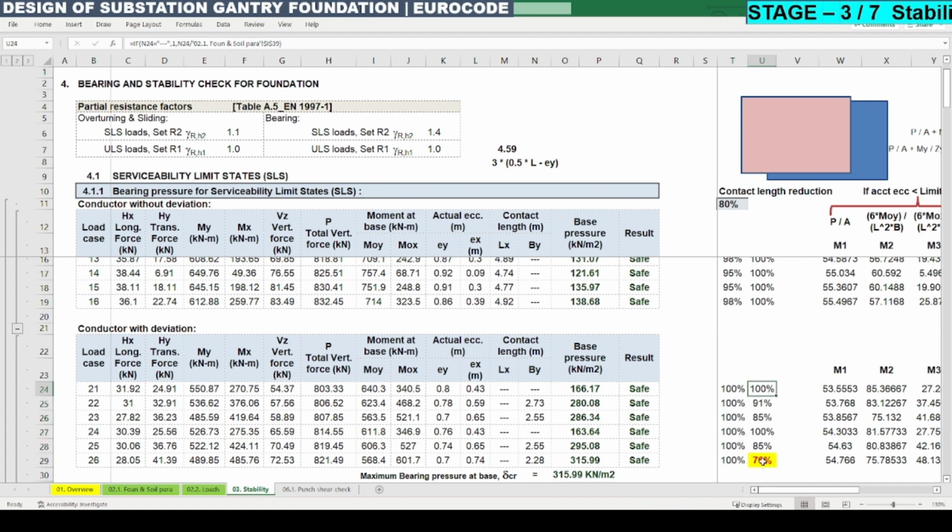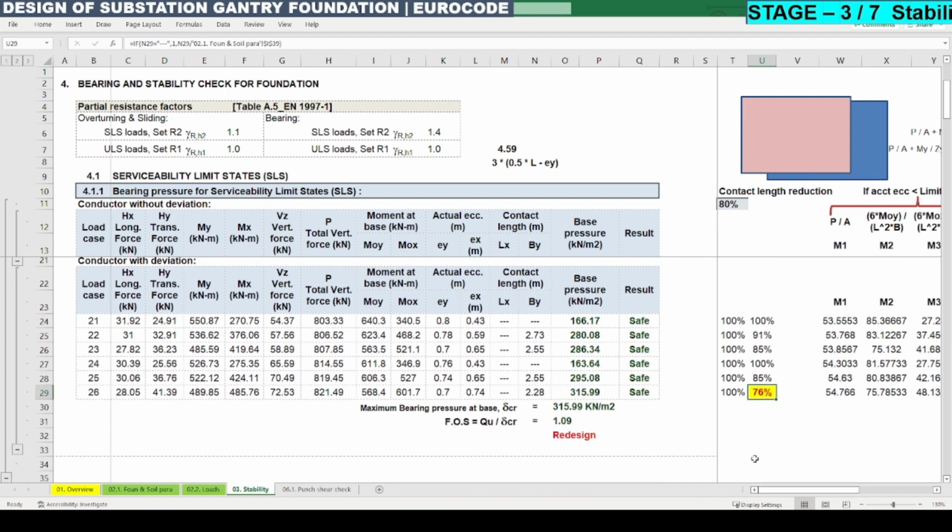So likewise, in this case 2.28 is the contact length. We have 3 meter as the width direction, so 2.28 divided by 3 meter gives only 76%. So this case also states that the foundation is not as recommended by the customer, which states 80% of the contact length.